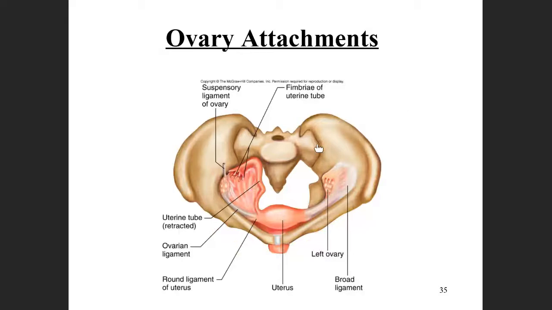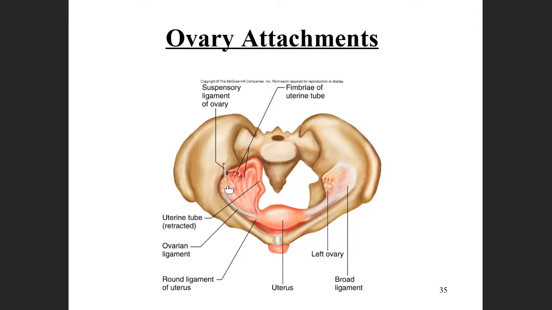There are pretty much 4 ligaments that hold the ovary and the uterus in place. There is one ligament that's draped down the whole thing. This is known as the broad ligament right here, just like a sheet draped down.